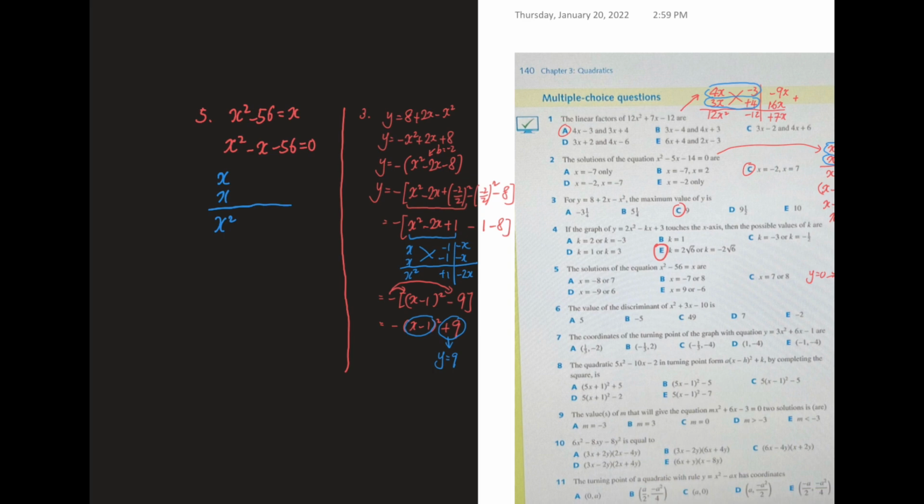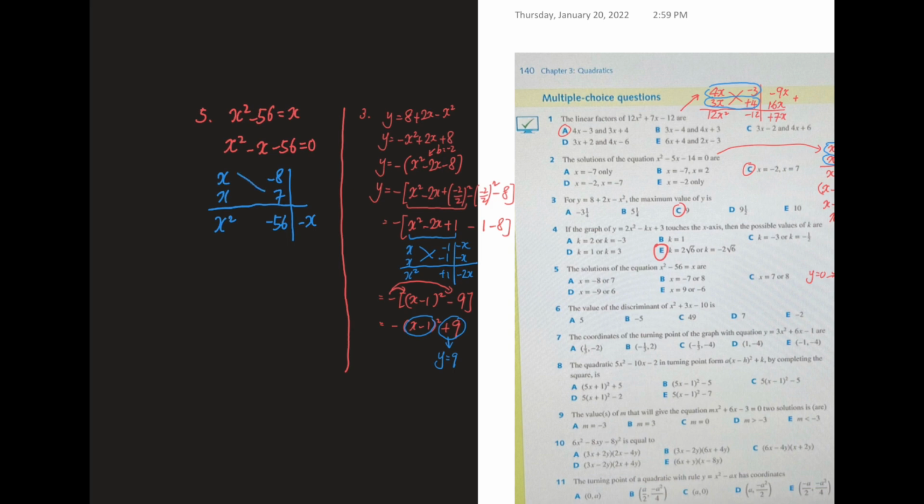So it's like this, x times x is going to be x squared. And I think of two numbers that when I multiply, I get minus 56. When I add them up, I get minus x or minus 1. Okay, so the two numbers that I mean are negative 8 and 7.